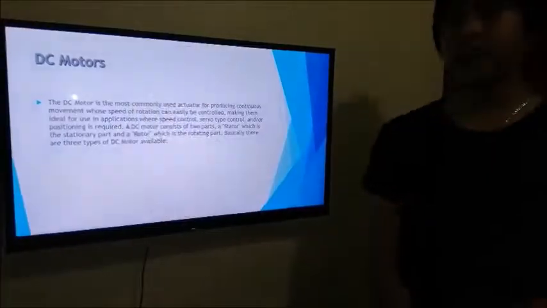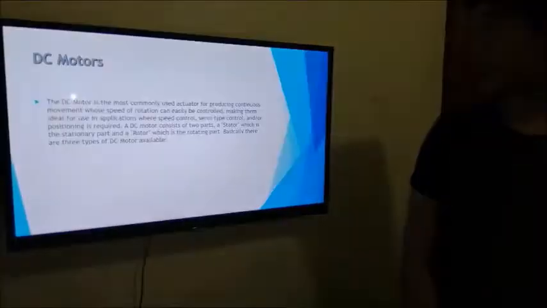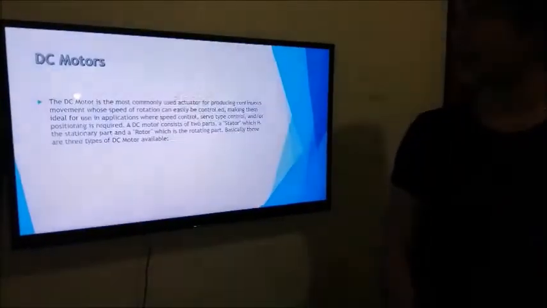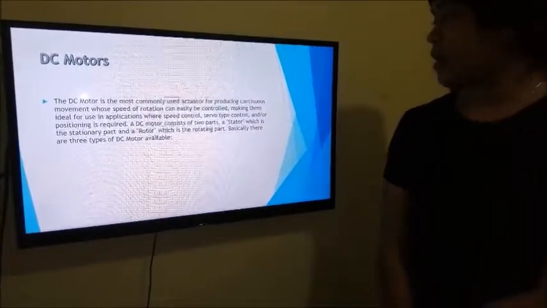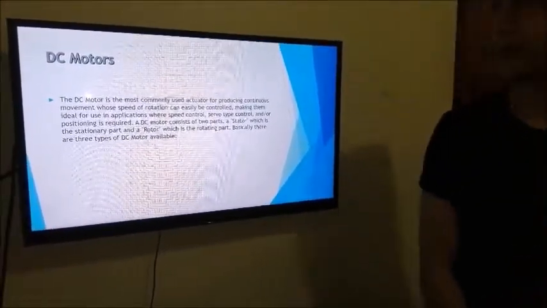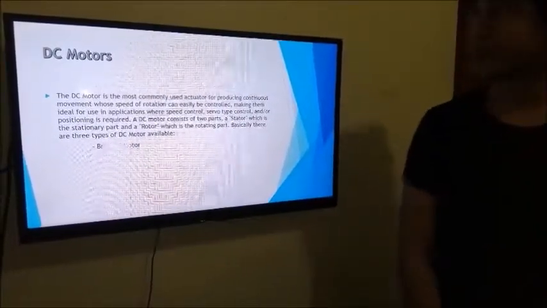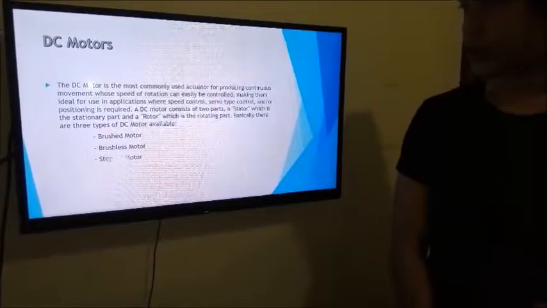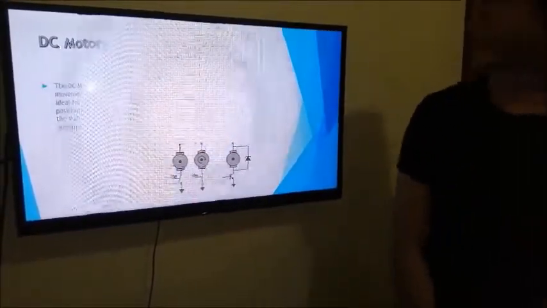A DC motor consists of two parts: a stator, which is the stationary part, and the rotor, which is the rotating part. Basically, there are three types of DC motor available: brush motor, brushless motor, stepper motor.